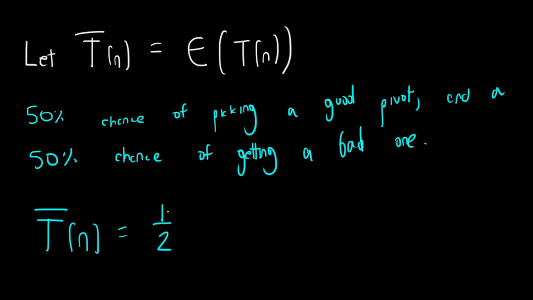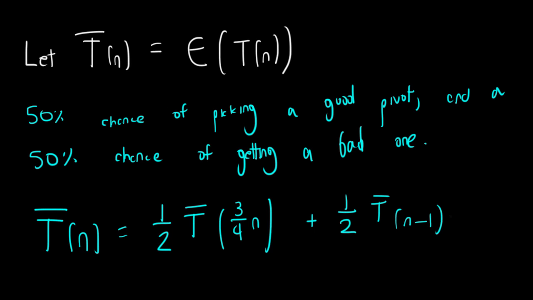We have that 50% chance. This is what the 1/2 here is going to be. 50% chance of 3/4 n, plus the 50% chance over here of n-1, plus big O of n.